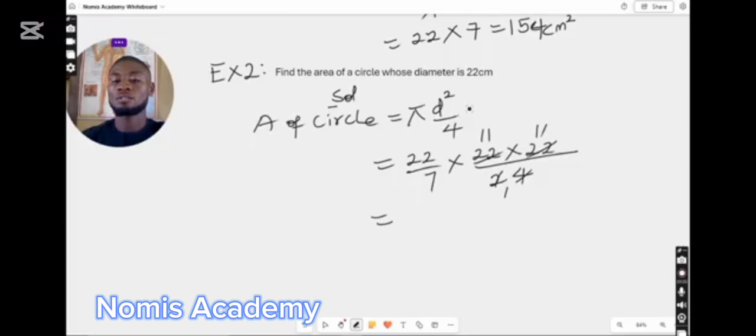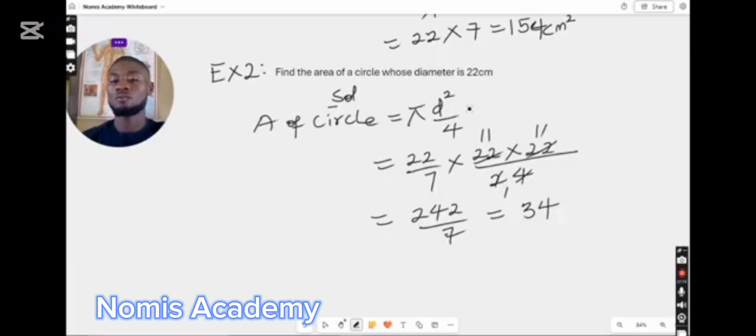242 divided by 7. So that will simply give us how many? 7 from 24 is 3, remainder 3. When you keep that 3 here, 32. 7 in 32 is 4, remainder 4.